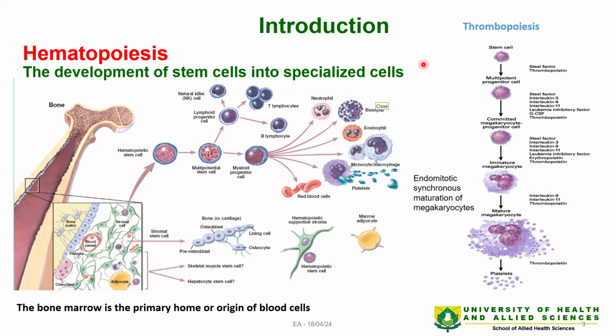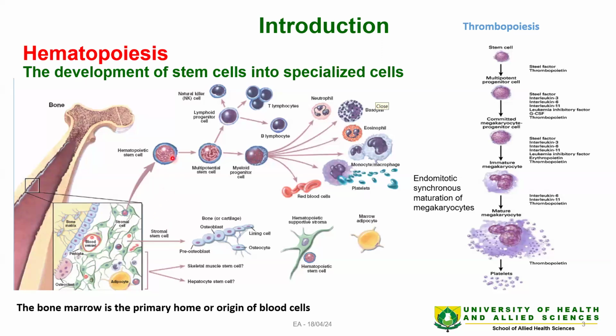But before then, hematopoiesis is actually also found happening in other organs of the body, like the liver, the spleen, and the yolk sac. So within the bone marrow space, you have various conditions that support the thriving of the cells which produce or that give rise to the various blood cells.